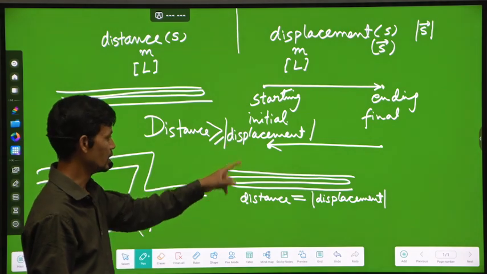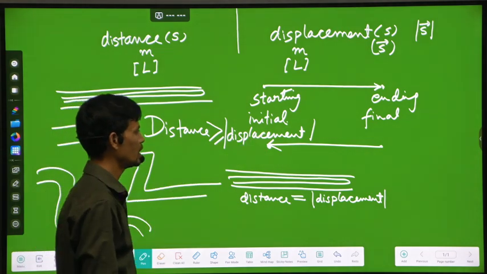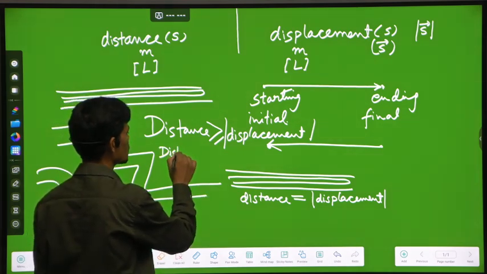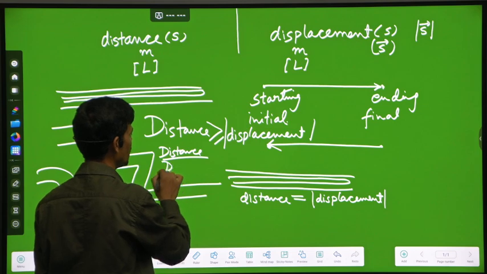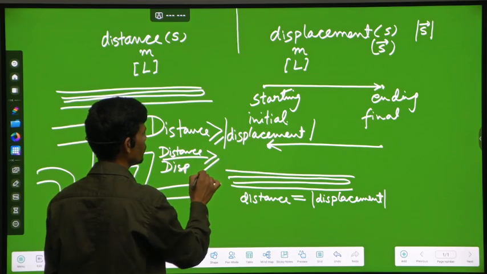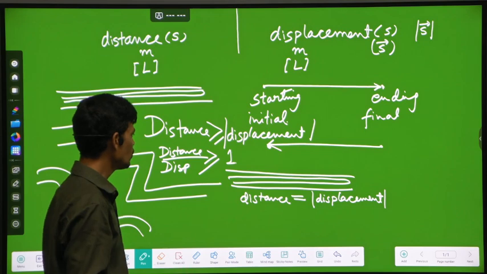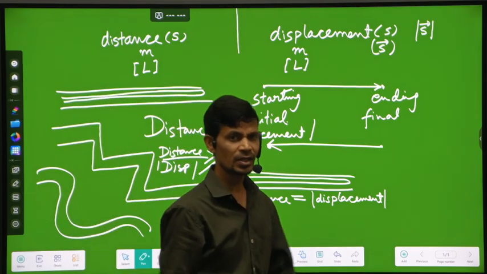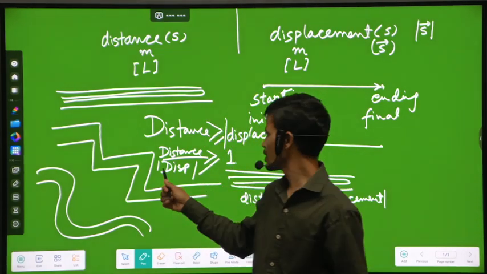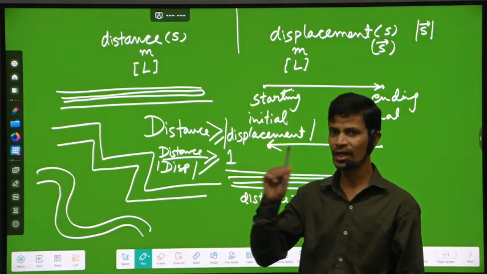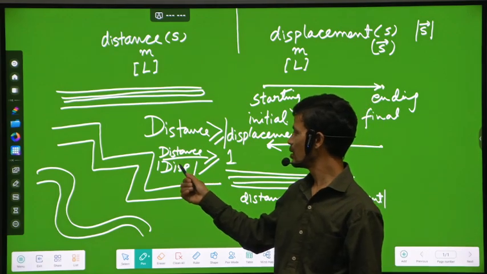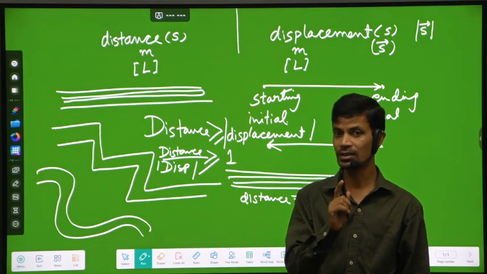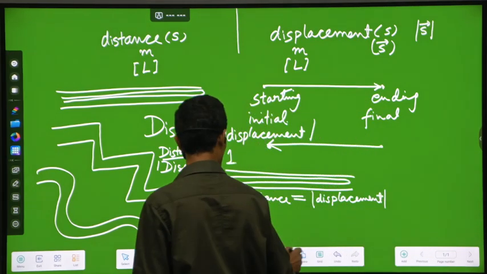So we have to put that mod sign. That is important. So distance divided by mod of displacement is always greater than or equal to 1. Distance is generally greater than displacement, and in one case it is equal to mod of displacement, not just displacement. Okay, moving on.